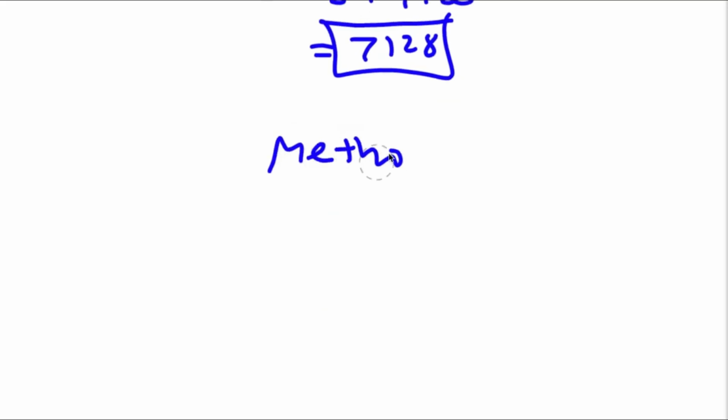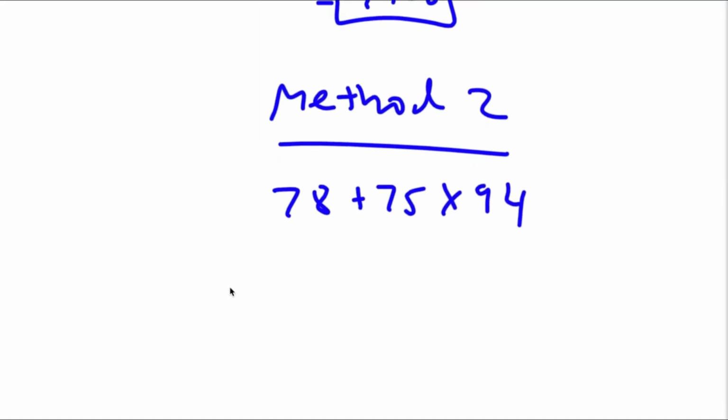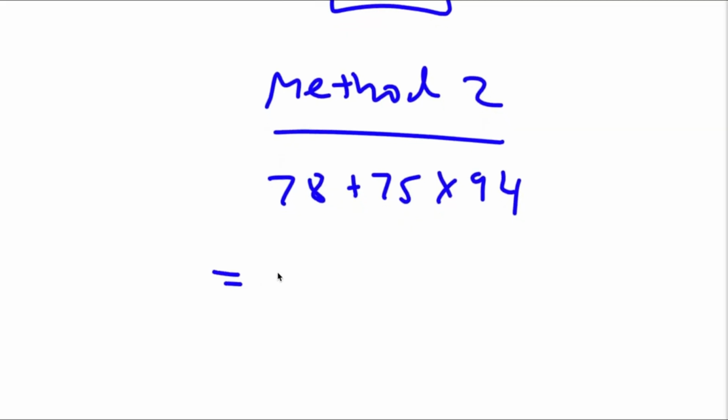Now for method 2 of solving this problem, I have 78 plus 75 times 94. Now this is the same thing as 3 plus 75 plus 75 times 94.